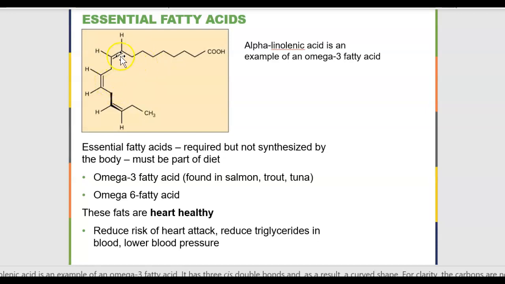We know it's unsaturated because we already see double bonds. And we see 3 double bonds in this chain, which makes this very bent. Then at the very end, because this is a fatty acid, here's our carbon with the double-bonded oxygen and then the OH. This is the carboxylic acid functional group.